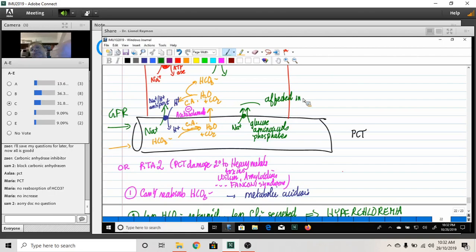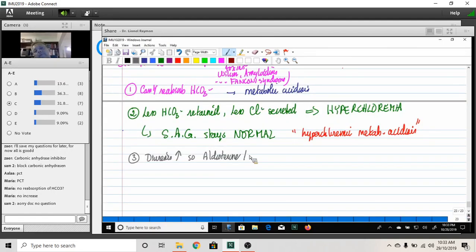Well, we now know also that don't forget the diuretic effect. So I'm going to say number 3, diuresis increases. So aldosterone increases, hence there is hypo, not hyperkalemia.